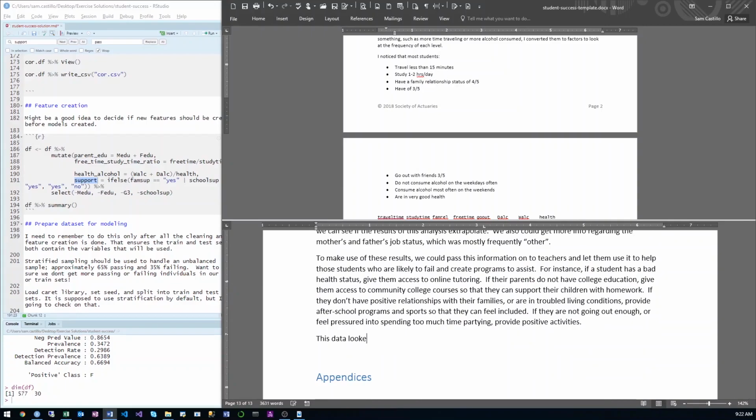This data looked at only 2 schools, and it could be that other schools show different results. Much of the data is private information and may not be available for other students, or they may not consent to share it.